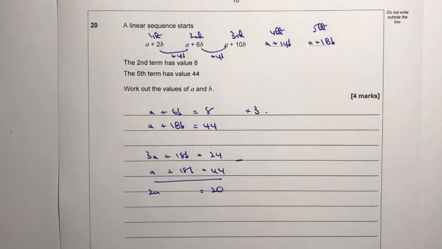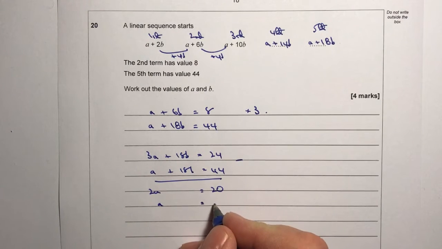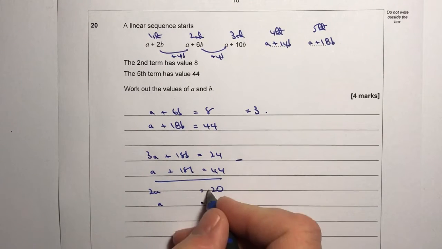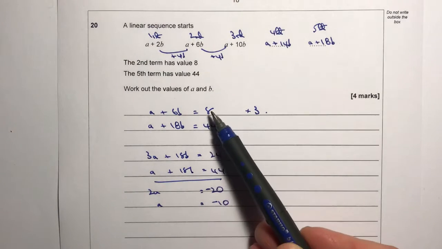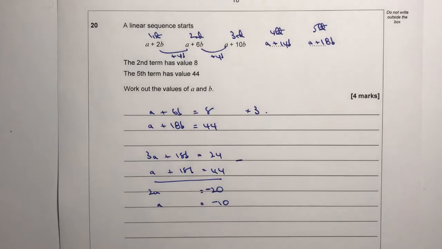So if I divide both sides through by 2, I'm going to get a equals, beg your pardon, 2a equals minus 20, so a is going to equal minus 10. Now I can take that value of minus 10 and substitute it back into whichever equation I choose. I can choose any of them, it doesn't really matter to me.